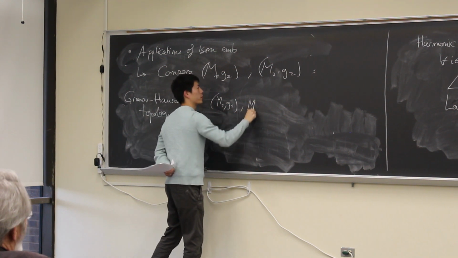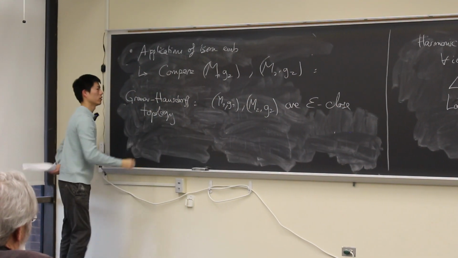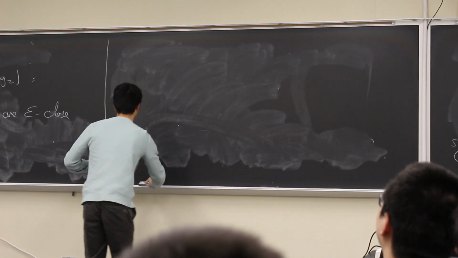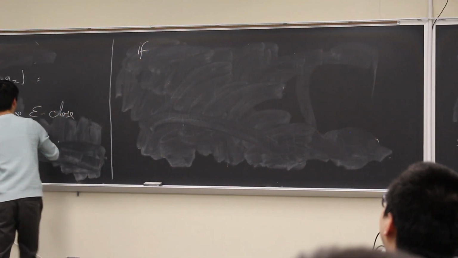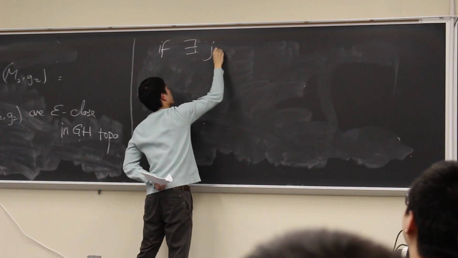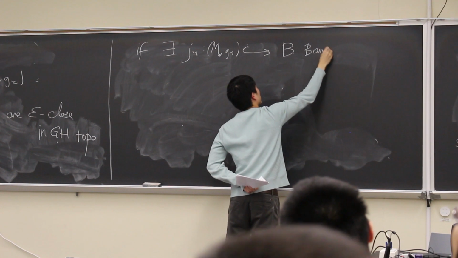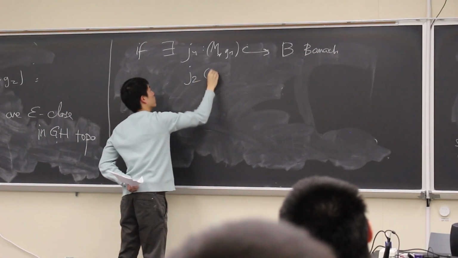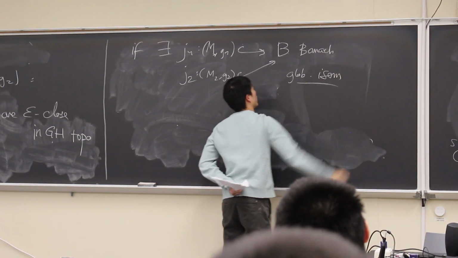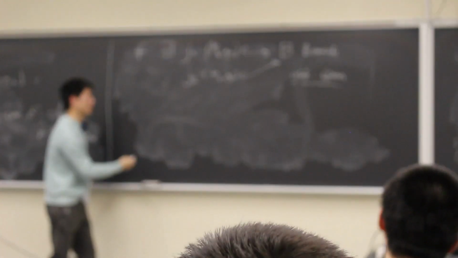So you say that those two manifolds are epsilon close in that topology if you have global isometries into a common Banach space, such that in this particular Banach space, the images are epsilon close in the so-called Hausdorff topology.